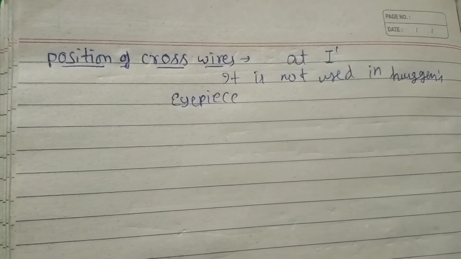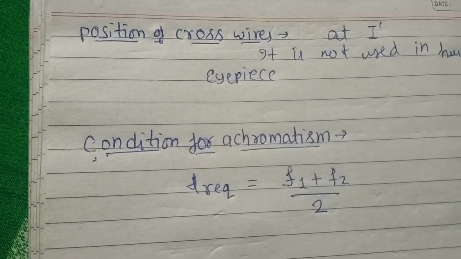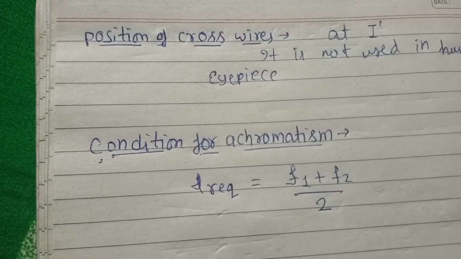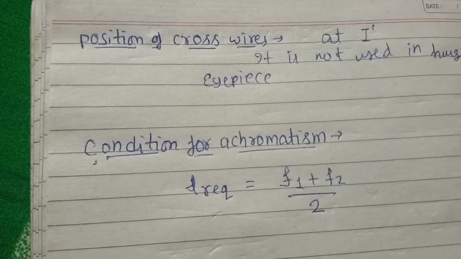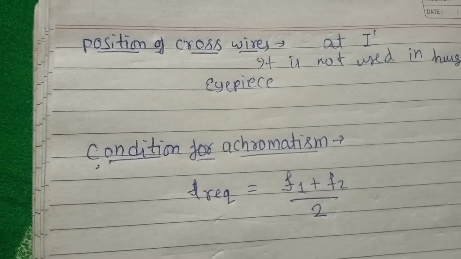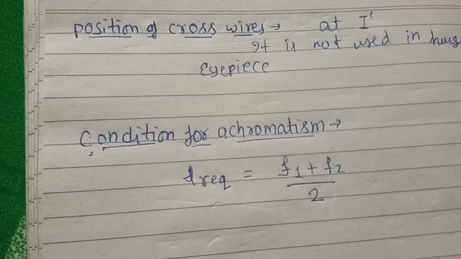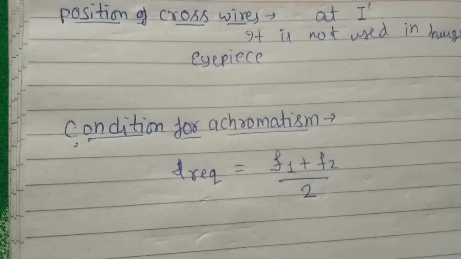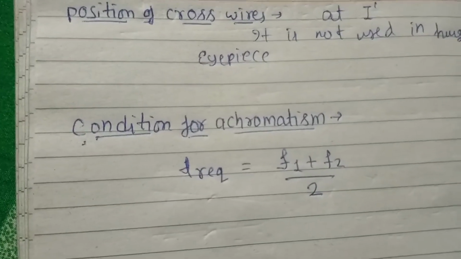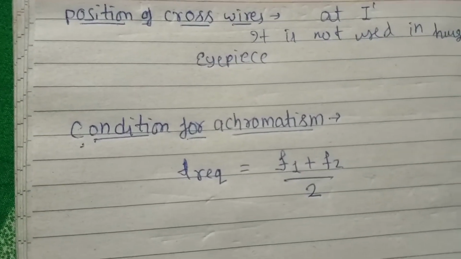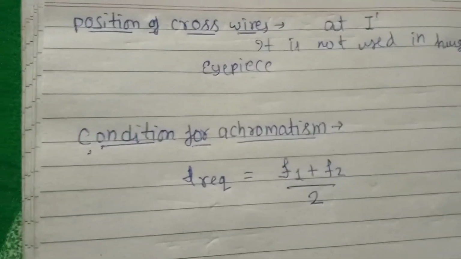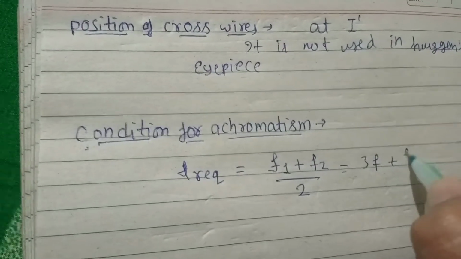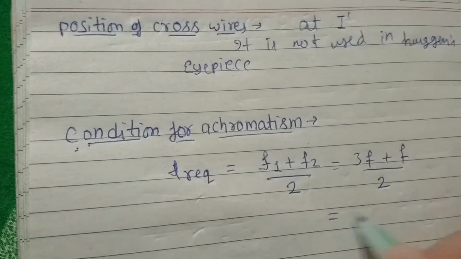in Huygens eyepiece. Now the condition for achromatism. So for achromatism, the separation between the two lenses should be equal to the mean of the focal lengths. The distance of separation between the two lenses must be equal to the mean of the two focal lengths, that is f1 plus f2 upon 2. So in our case, f1 is equal to 3f and f2 is equal to f, so we can write it like that.